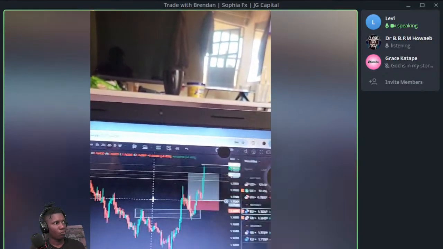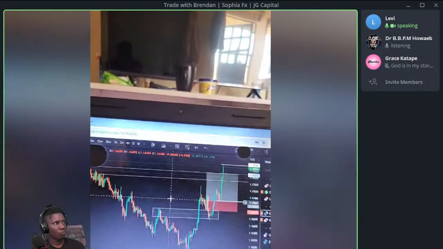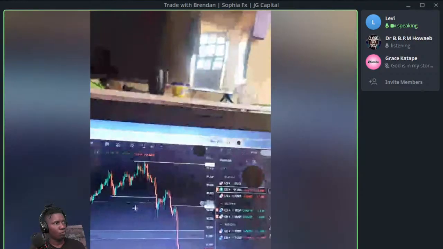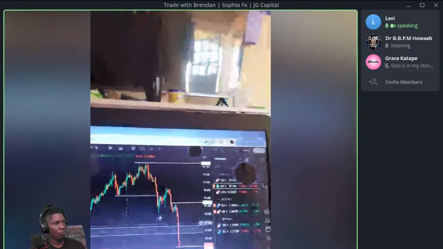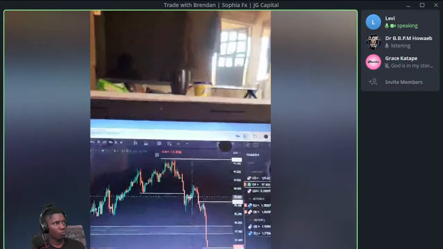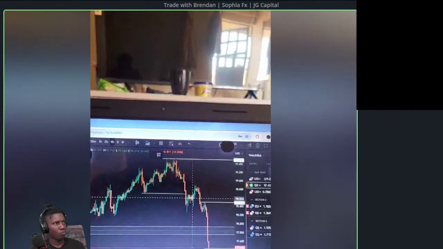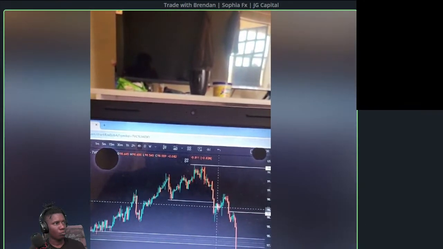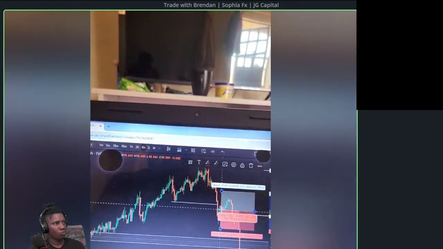The reason I took it around this area was that at the exact time on DXY, I saw this 4 hour doji, a 4 hour pin bar around here. It was a sell.